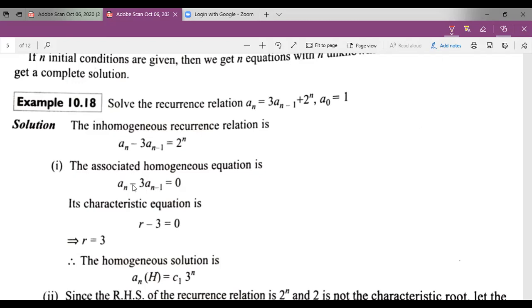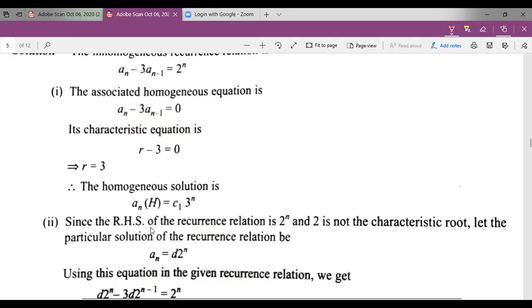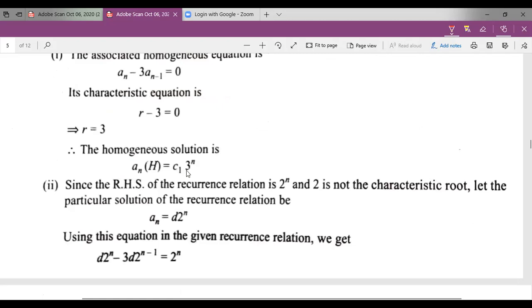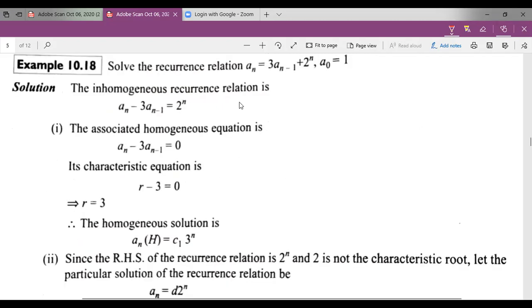This is a first-degree linear homogeneous equation. The characteristic equation is r - 3 = 0, so r = 3. The homogeneous solution is a_n^(h) = c1 3 to the power n.